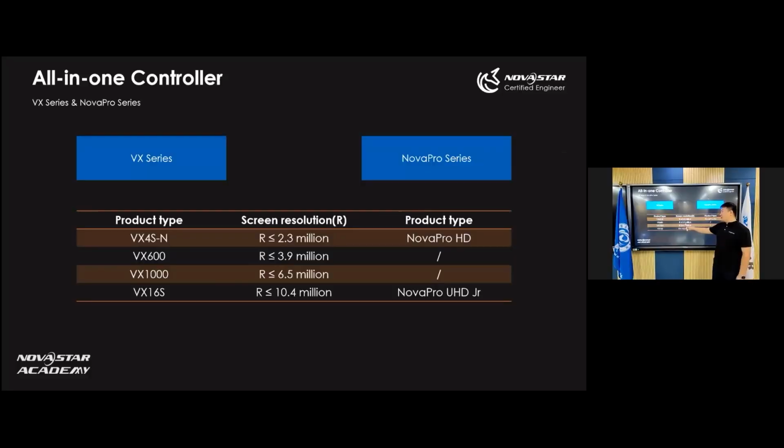The VX1000 supports 6.5 megapixels, which is much bigger than the 4K 1K resolution. And if we have a 4K screen, we can use the Nova Pro Junior. For some markets, we also have the VX16S, which is also a 4K all-in-one. Okay, now let's look at them one by one.